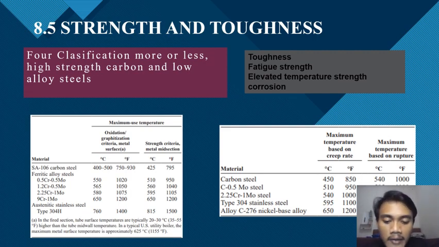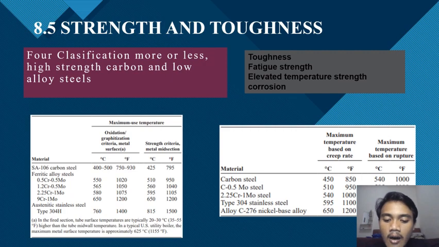In the elevated temperature strength, carbon steel and low alloy steel with a ferrite-pearlite or ferrite-bainite microstructure are used extensively at elevated temperatures in fossil fuel-fired power generating plants, aircraft power plants, chemical processing plants, and petroleum processing plants.